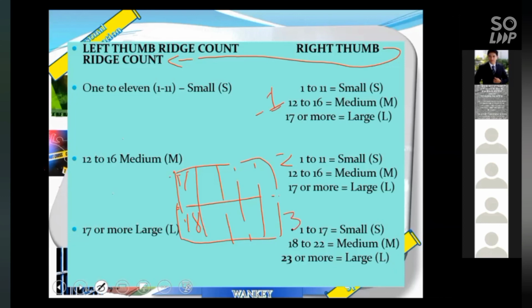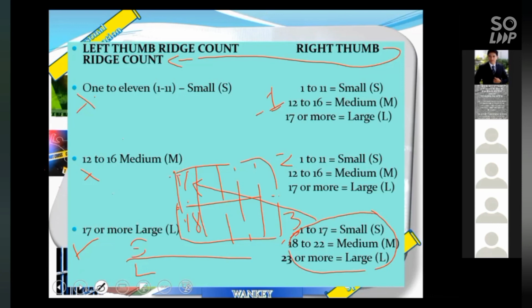Okay? So, the left thumb is 18. It does not fit here, it does not fit here either. It fits here. So automatically, your left thumb is large. Now, use this formula for the right thumb. So 17, where does it belong? Here, 1 to 17. So it is small or large.